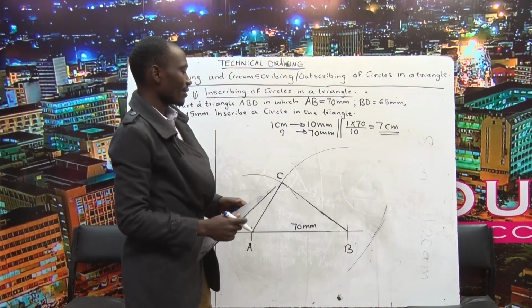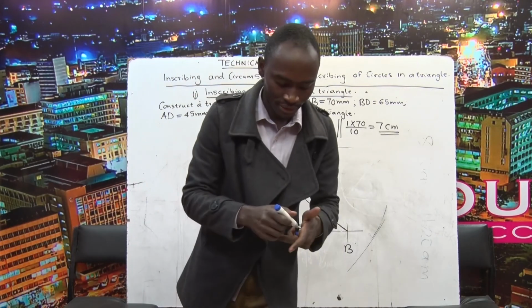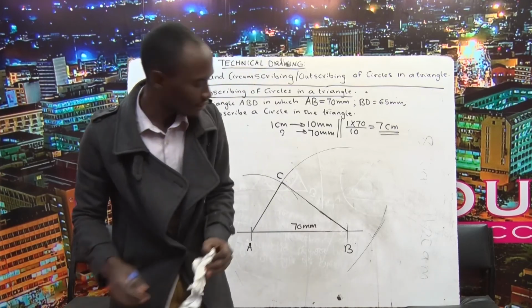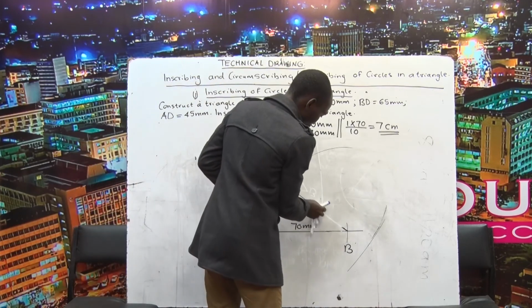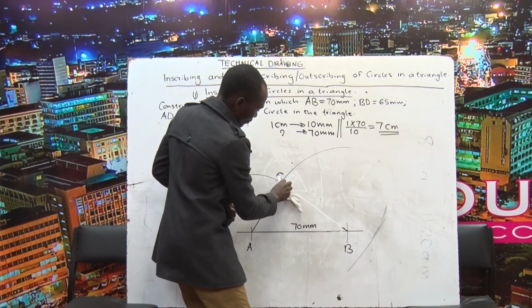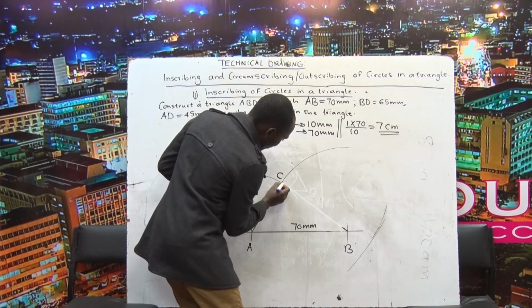So now this is my triangle, with these arcs.